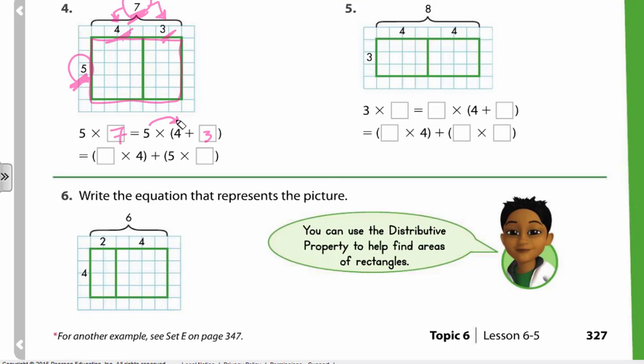So 5 times the first and 5 times the second. What should I write here? 5 times 4. And here 5 times 3. Thank you.